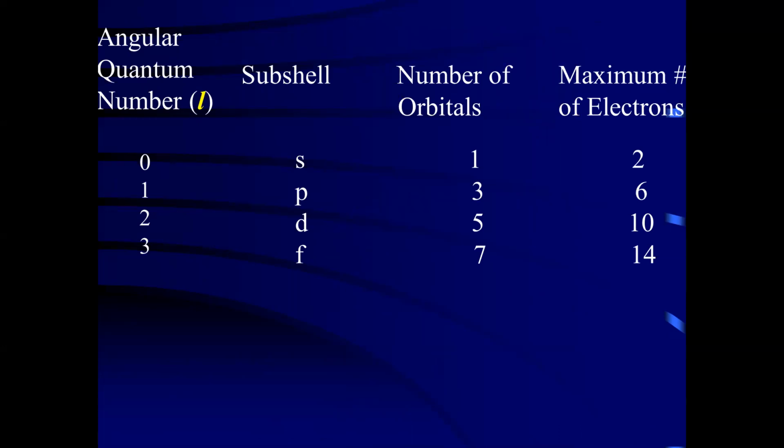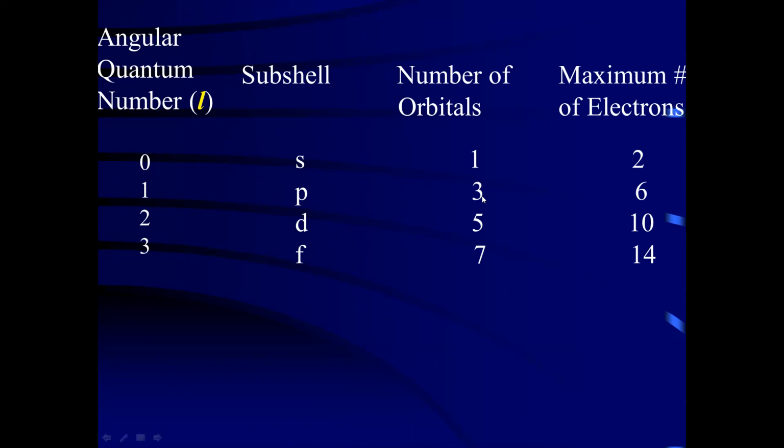So this is a summary. This is another brief summary just for your memorizing. It tells us when the angular momentum quantum number l equals 0, 1, 2, 3, I hope you can memorize their names, and the subshell is s, p, d, f. And the number of orbitals: s has 1 orbital, and p will have 3.